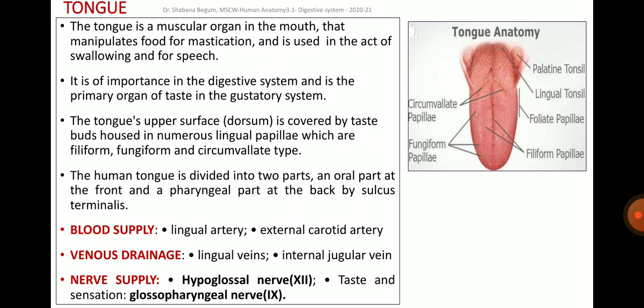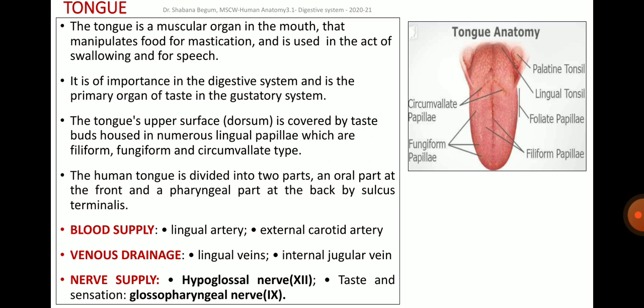It is attached by its base to the hyoid bone and by a fold of its mucous membrane covering called the frenulum to the floor of the mouth, that is the buccal cavity. The tongue is of importance in the digestive system and is the primary organ of taste in the gustatory system.